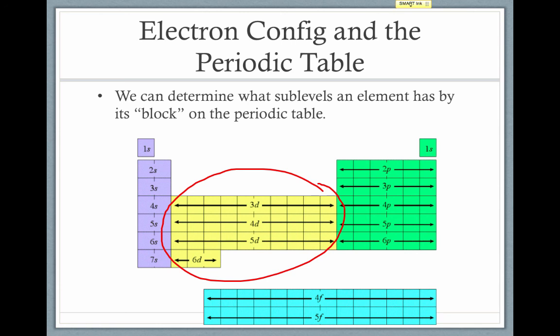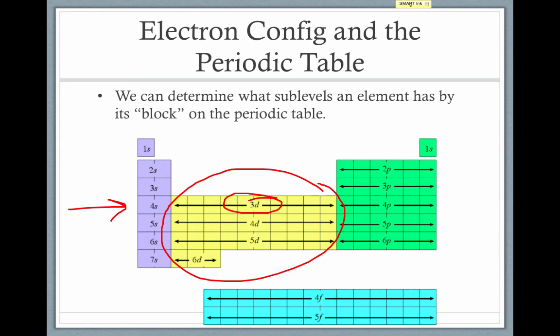Notice, though, that there's some weirdness here. Notice that we have, in the fourth period, a 3d sublevel. It actually turns out that the 4s orbital fills before the 3d orbitals. So you'll have to remember that the period rule works with the exception of the fact that the D block is essentially bumped down one level.